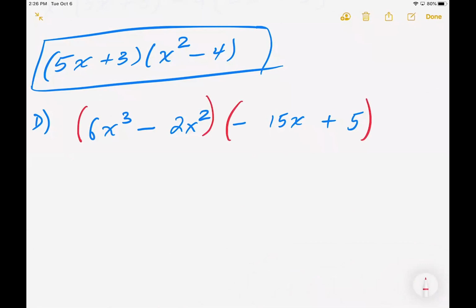Again, reminder to group the first two and group the second two.